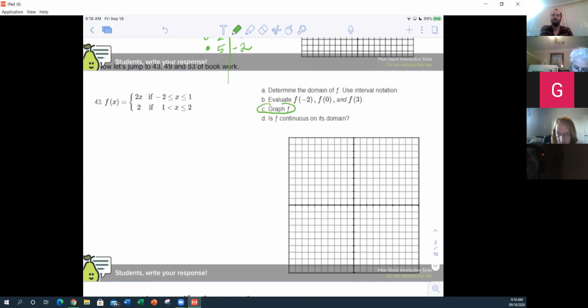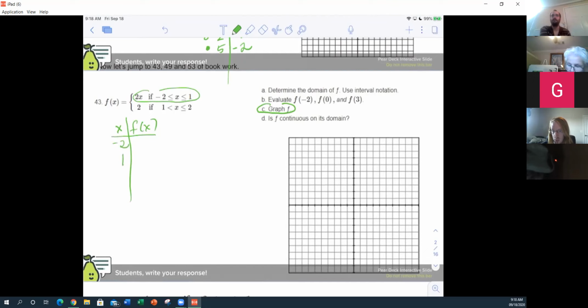So I'm going to do x and f of x, and I'm doing this piece first. What numbers am I going to put in for x here? -2, thank you, Gabriella. -2 and what else? And 1.